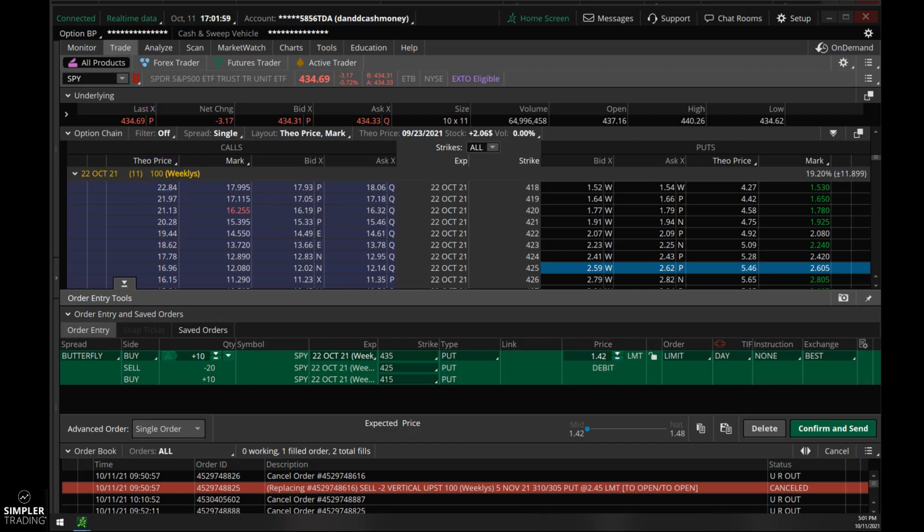So butterflies get a bad rap sometimes because people think like, oh, you need to have it go to this exact target for you to make money. But you don't, because when you have 435, 425, and then 415, and if the price falls and it stays within this zone, you can still make money.